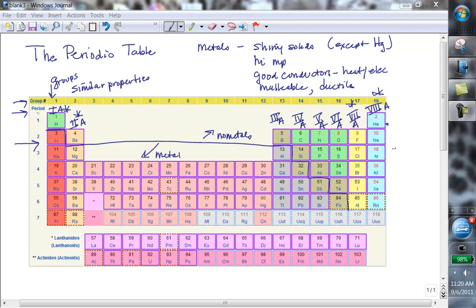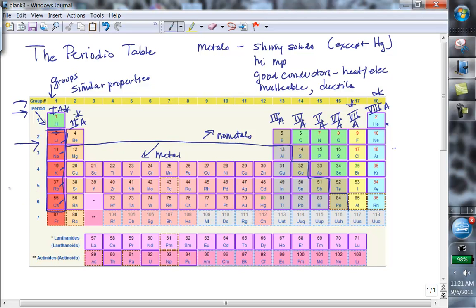I'm going to start with group 1, and really most of the metals in group 1 you should be familiar with. Lithium, sodium, potassium, rubidium, and cesium. All of these are solids at room temperature, and they are all active metals.